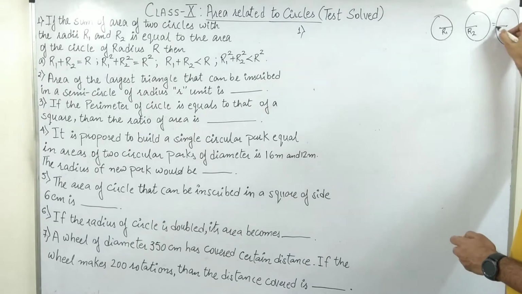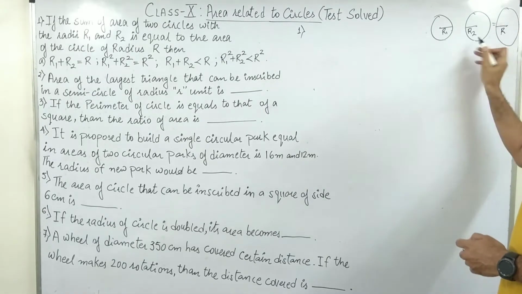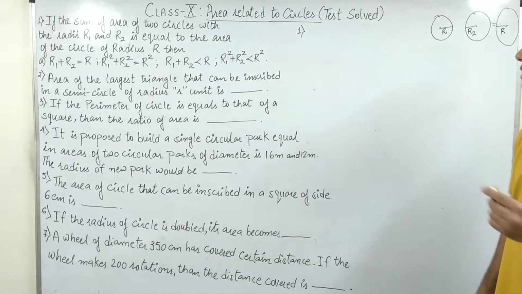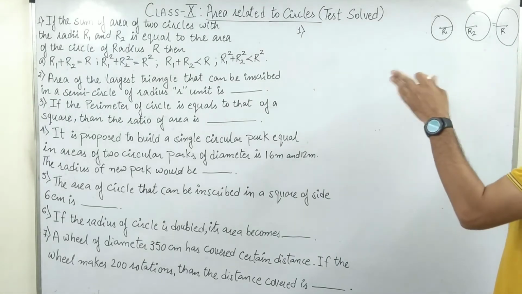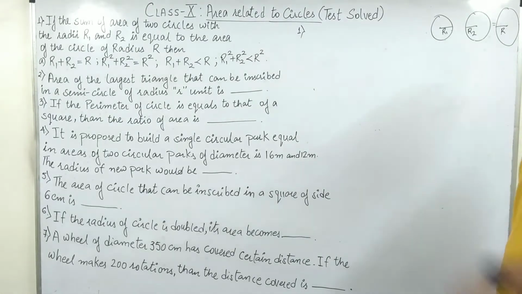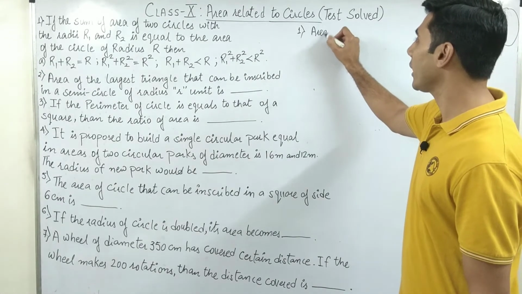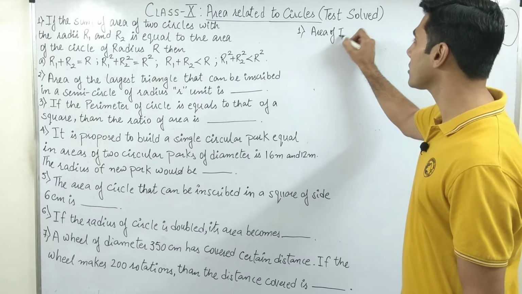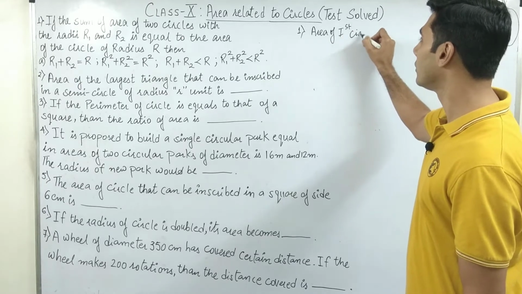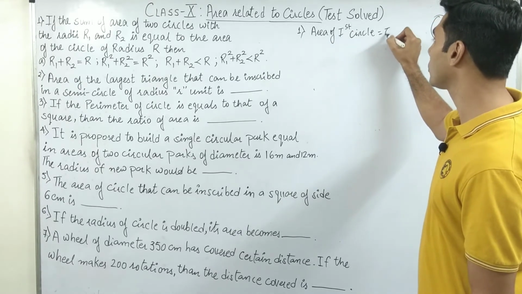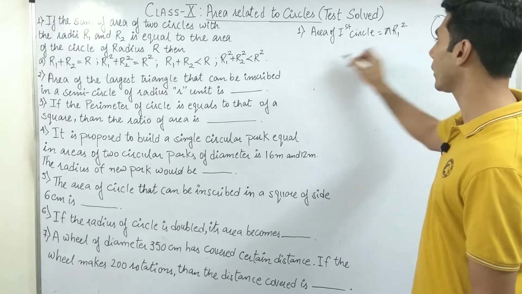So its radius is r. After adding these two, this is the circle. So they are asking you about the circle of radius r, and there are these four conditions. So let's see. Area of the first circle should be equal to pi r1 square.